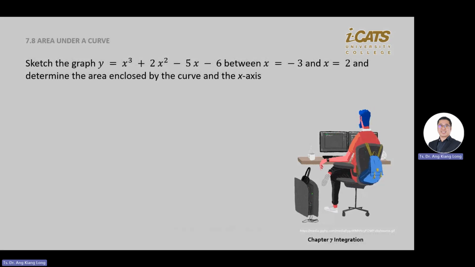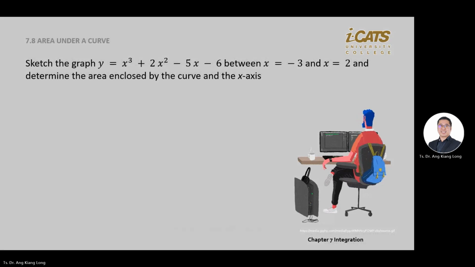And you're given the limit, -3, 2. This will mean the area enclosed by the curve and the x-axis. First, you need to draft the curve. You need to know where there's an intersection, right? It's easy to find the intersection.